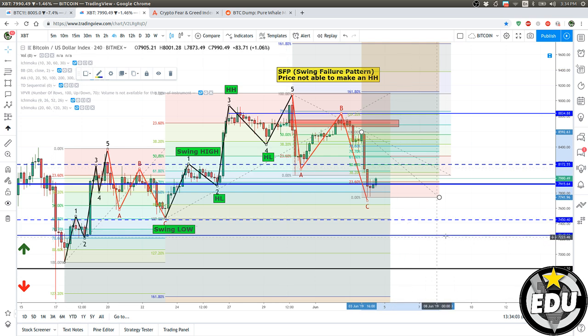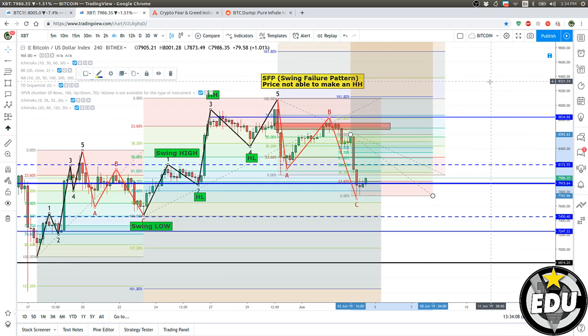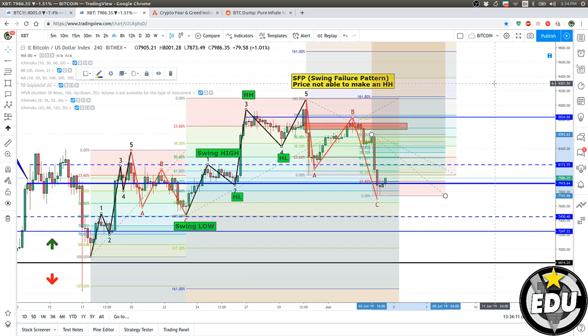See volume. Volume is not displayed on this chart, XPT. We'll look at that later on. But at the moment, I have way more bearish signals than bullish. And I will show you one by one.